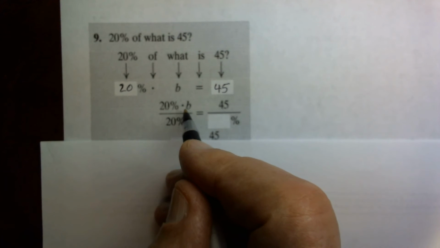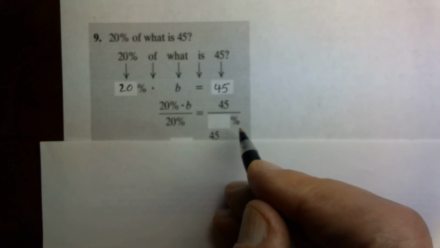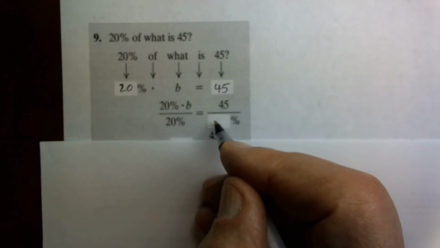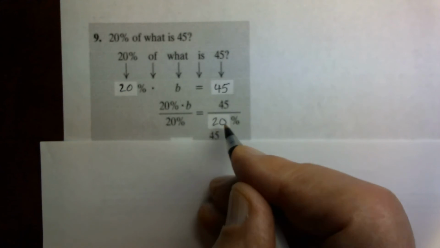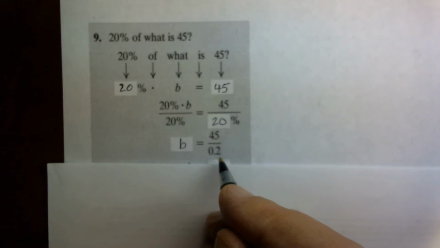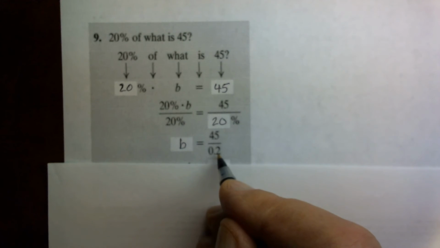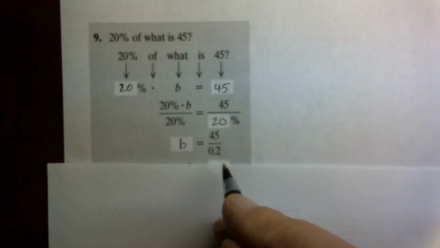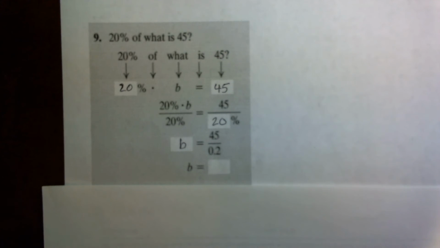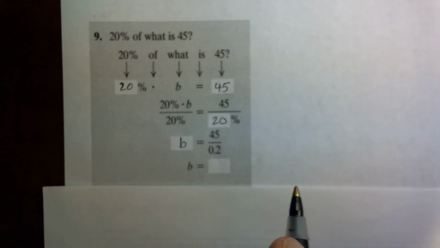So 20% times B divided by 20% equals 45 divided by 20%. Here the 20% cancel, so we've isolated B. So B is equal to 45 divided by 0.2, because 20% is 0.2. So B is equal to 225.